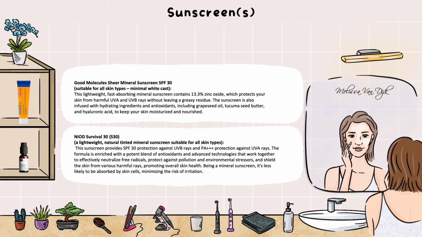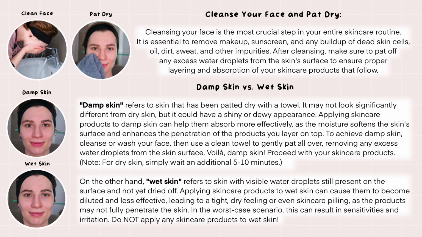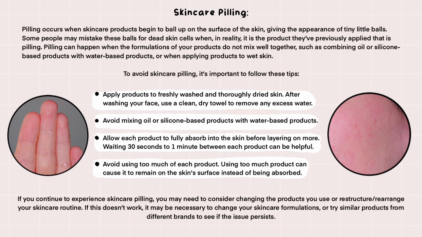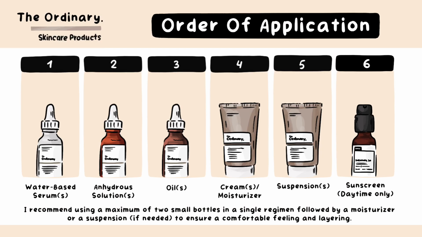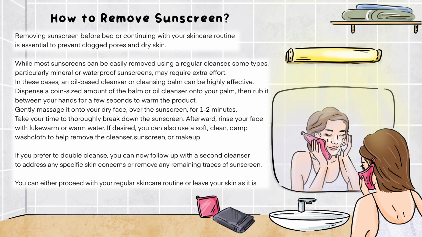After that, you will find a general skincare tips guide on how you can do a patch test, properly wash your face to avoid skincare pilling, layering tips, and then also a sunscreen application and removal guide. So there you have all the information that you need to know. And you'll find everything in the PowerPoint, which is in the description box down below. But now let's head into the application.